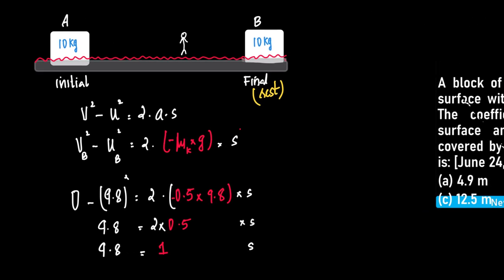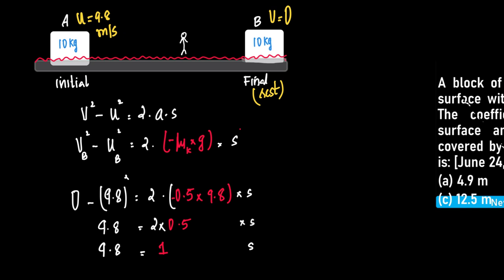Now, if we apply the equations of motion from the initial point A to the final point B, we know that the body is coming in with a velocity of 9.8 meters per second, and finally it comes to rest. So final velocity means velocity at B, and initial velocity means velocity at A. So v square minus u square is equal to 2as. What is a?